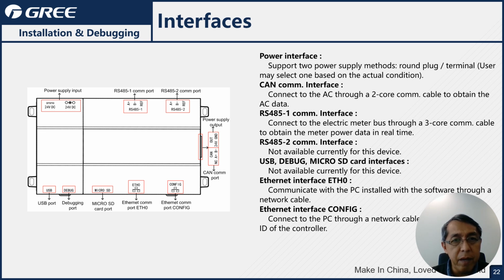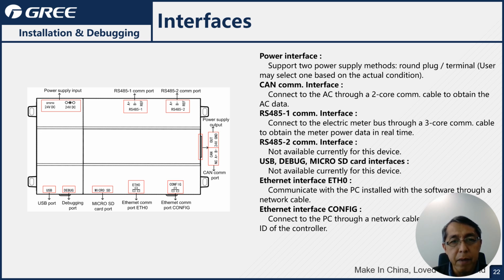The RS485-1 communication interface, you can connect to the electric meter bus through a three-core communication cable to obtain the meter power data in real time. The RS485-2 communication interface is not available currently for this device.